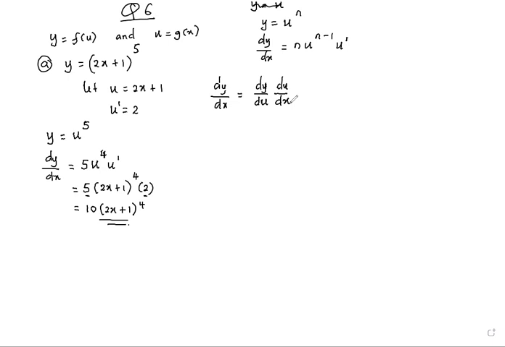So what I expect is that you can follow through and be able to do the remaining pieces. So let's do y is equal to (x squared over 8 plus x minus 1 over x) to the power 4.